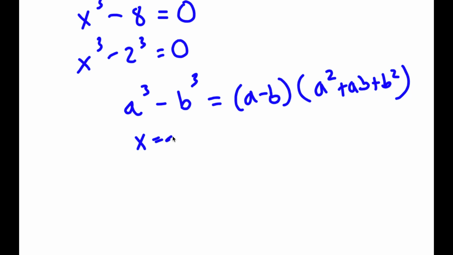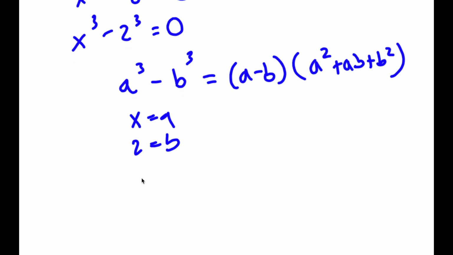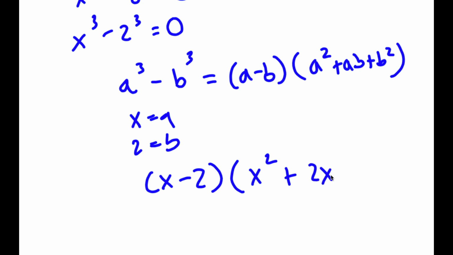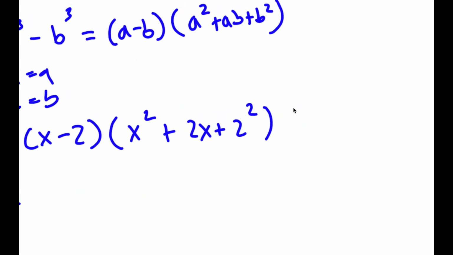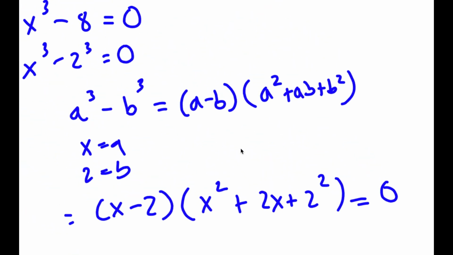We can think of x as a and 2 as b in this case. So now this will give us x minus 2 times x squared plus 2x plus 2 squared. Now this is equal to 0 still.